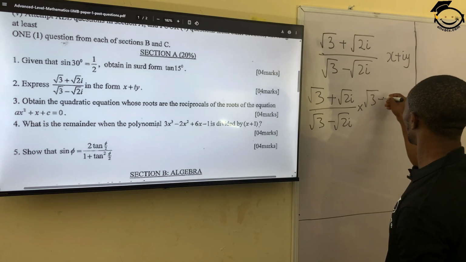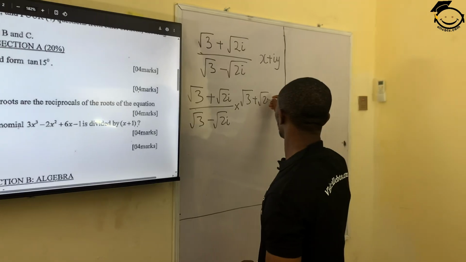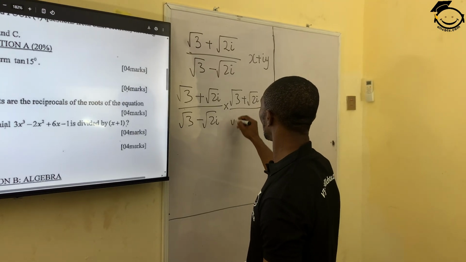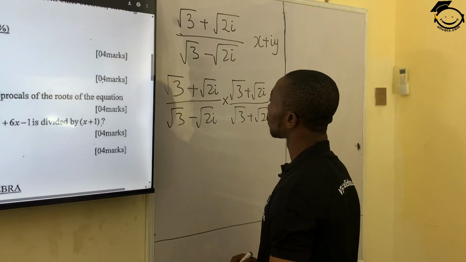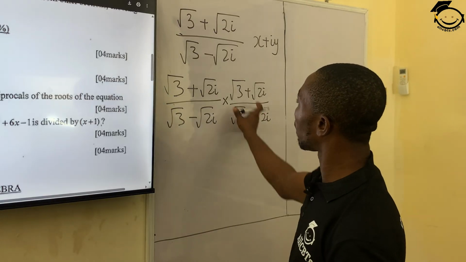root 3 plus root 2i all over root 3 plus root 2i. Let's expand this bracket.